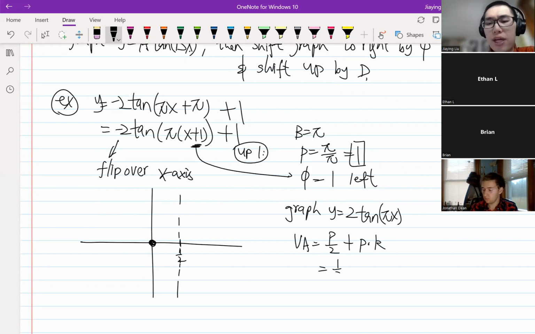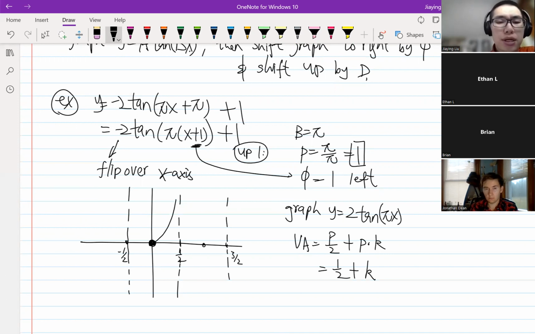So that's going to be at 1/2 plus k, so 1/2, 1/2 plus 1, which is 3/2. And also on the left side, it's going to be at negative 1/2. I'm not going to bother with the nice points. I'm just going to say that from the origin, this 2 tangent pi x is going to go up on the right and go down on the left. So that's the 2 tangent pi x.